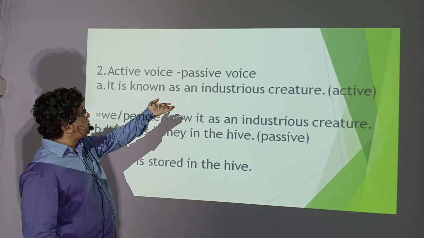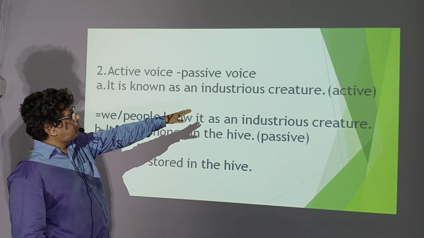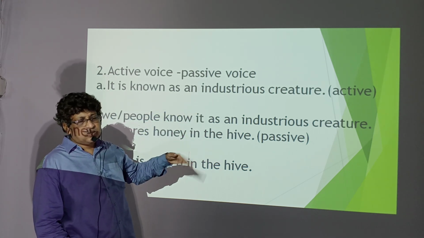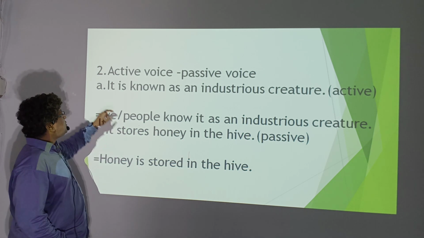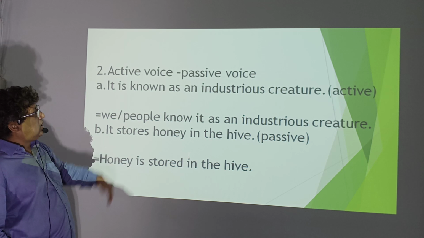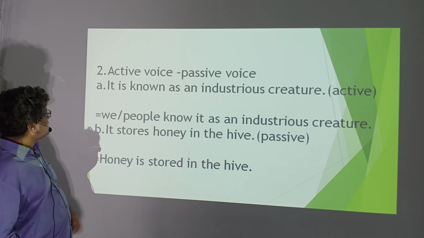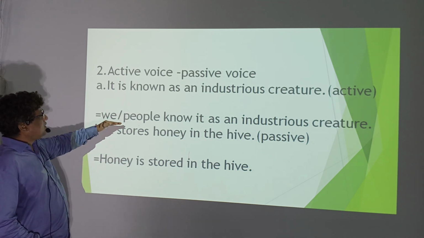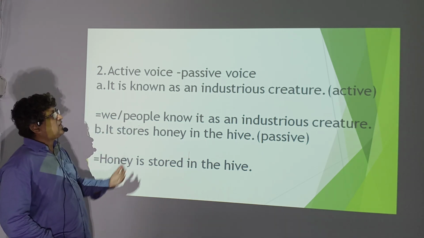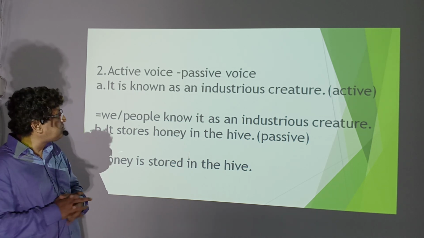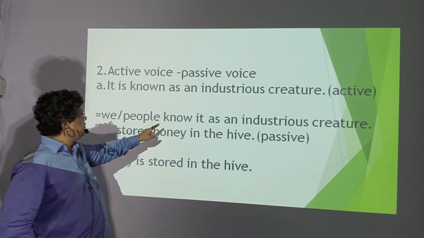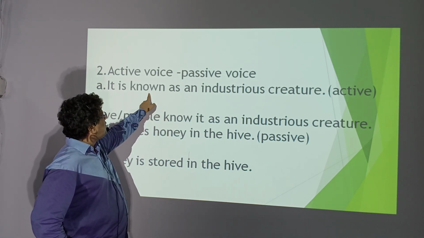So first we have to look for the object, but here we find that there is no object. So we have to introduce a suitable subject for our active voice. We can choose we or people as the suitable subject, and as it is present indefinite form, we will use the present indefinite form of know.